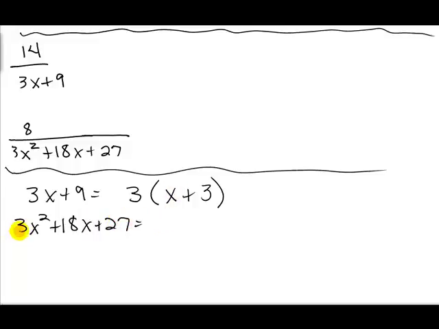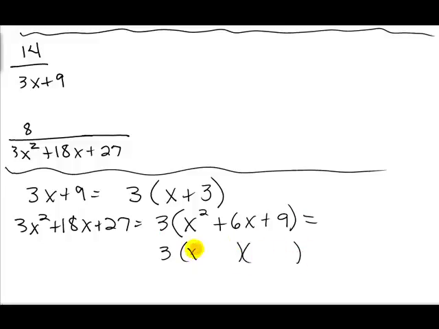Well, it has a 3 in this first position, and here it is the GCF. I can take it out of 18 and 27. So we want to do that first. And then we want to finish this. And so we've got 3, and we'll factor this trinomial. Everything's positive, so that looks good.